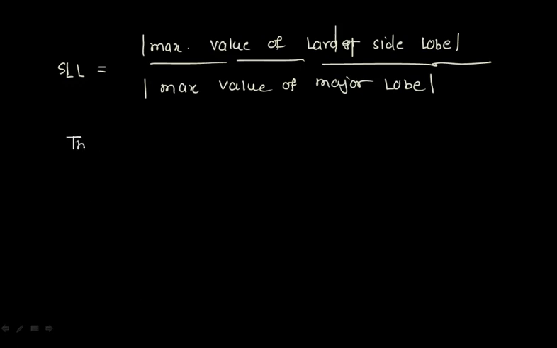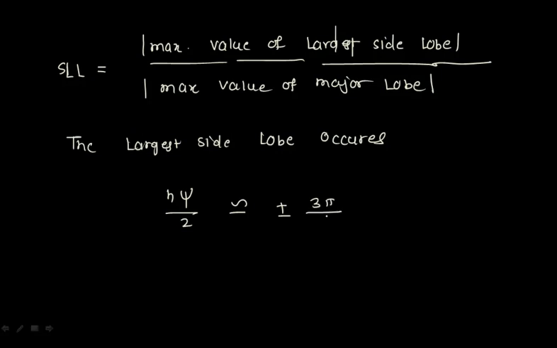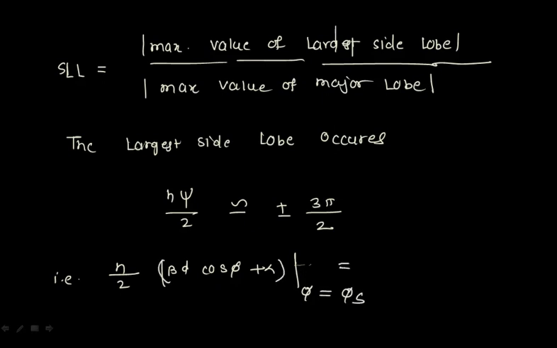So I can say the largest side lobe occurs at n psi by 2, approximately 3 pi by 2. ठीक है, that you can see. So that is, you can say n by 2 beta d cos phi plus alpha, where you're assuming this is psi of s. ठीक है, so this is nothing which occurs at plus minus 3 pi by 2.